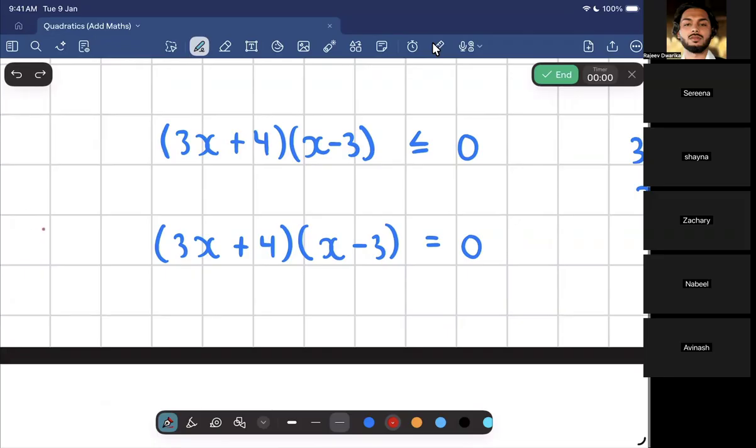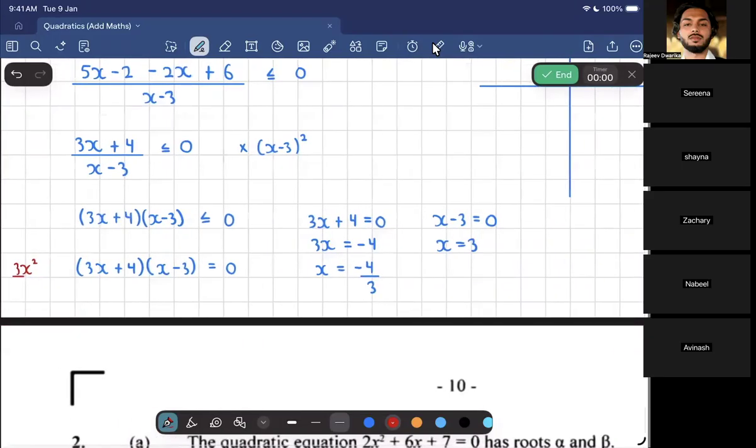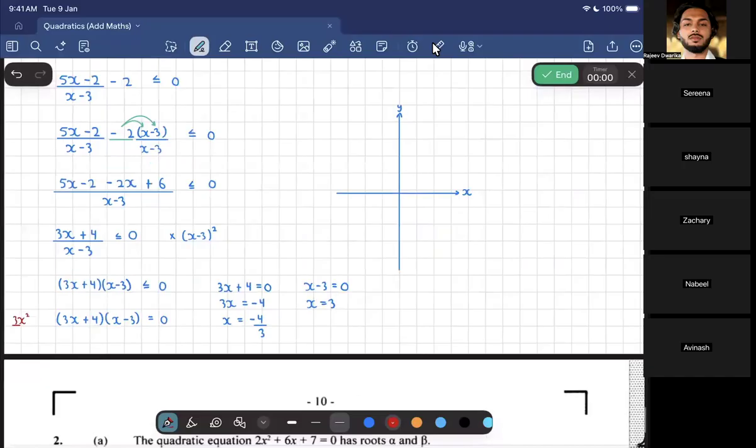So what is x by x? X squared. So that'll be 3x squared. So the number in front of x squared is positive or negative? Positive. Right. So my graph is going to be a minimum or a maximum? Minimum.